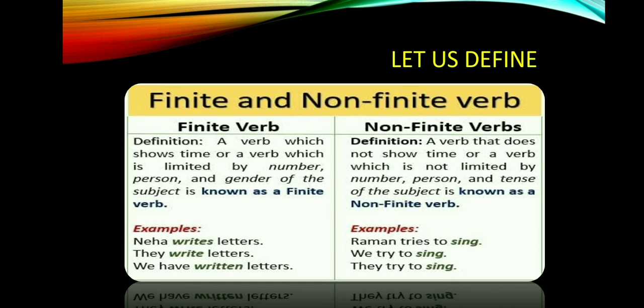Similarly, they write letters, we have written letters. Now here, not only the subject is changed, but also the tense is changed. Tense changes from present indefinite to present perfect. And when we change the tense, there is a change in the verb from write to have written. So this is a finite verb.